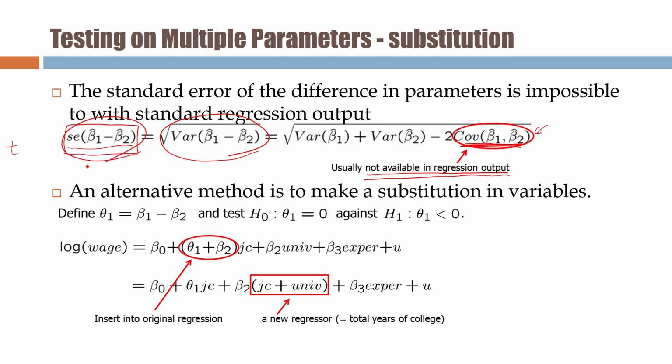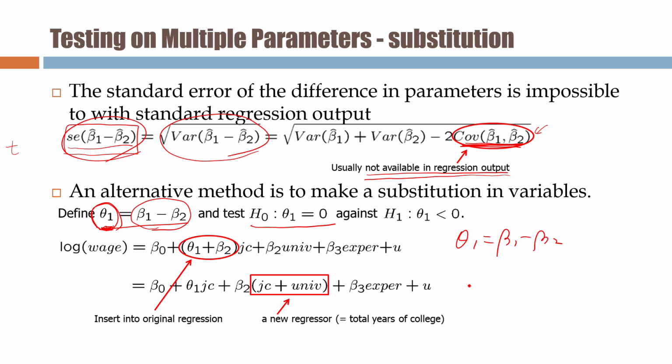So what we can do is change the definition of the variable. It's the same idea we said: consider this like a new parameter, right? So set theta 1 as beta 1 minus beta 2, and then the null hypothesis will be theta 1 is 0. So we define theta 1 as beta 1 minus beta 2.